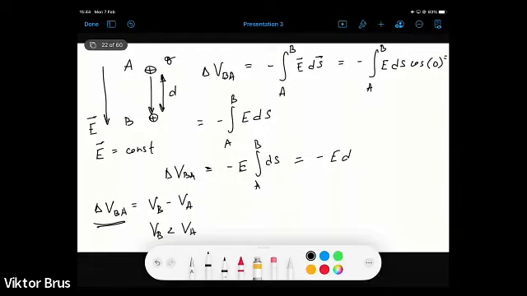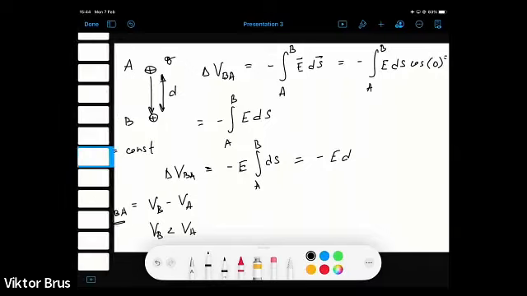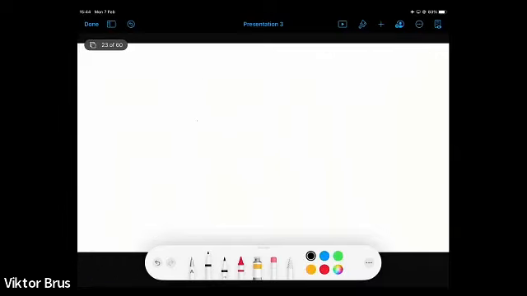So another option which has to be considered is when the electric charge is moving not parallel to the uniform electric field vector, but at some angle. So that also should be discussed.